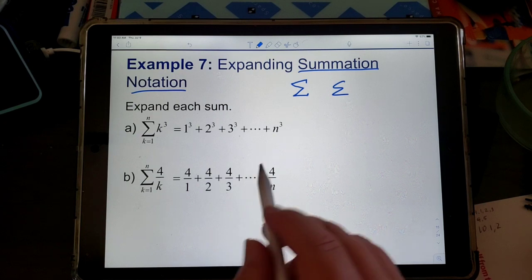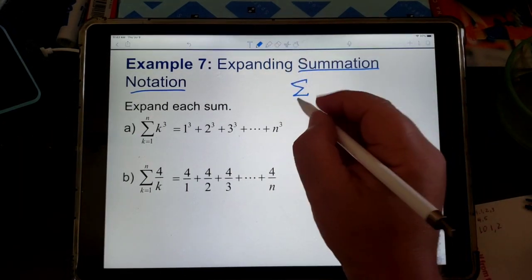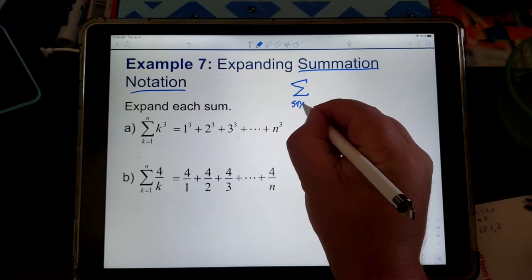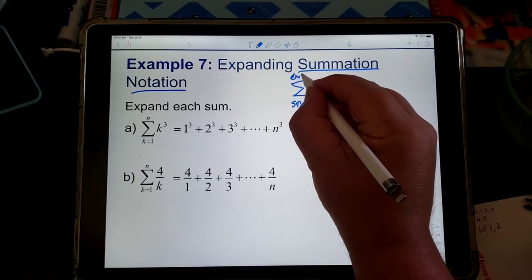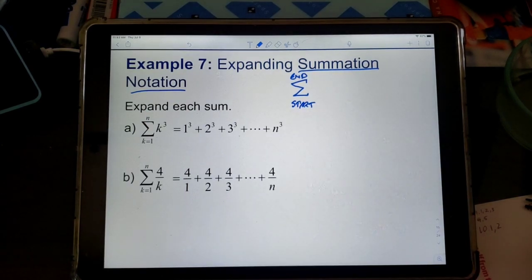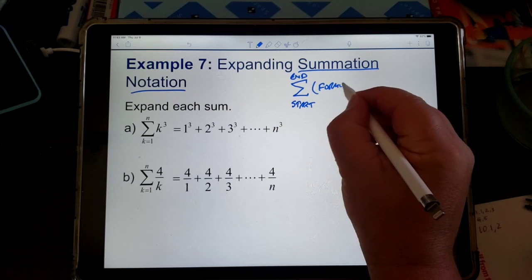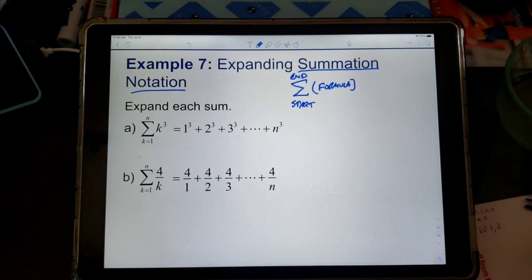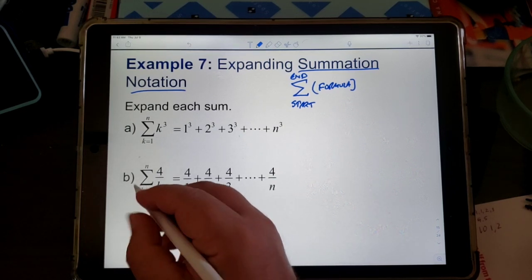What it has is a starting value that goes on the bottom, an ending value that goes on top, and a formula. And the variables we use for some reason are i, j, and k.